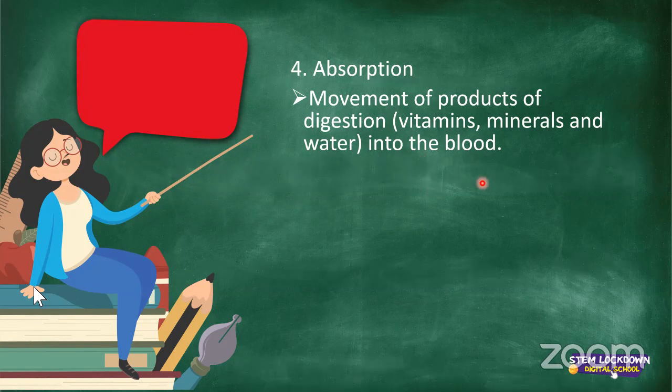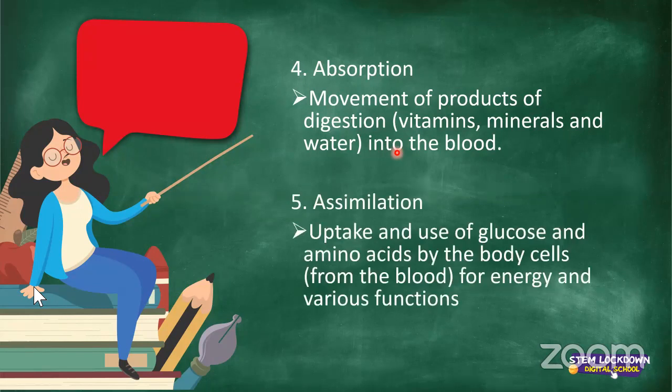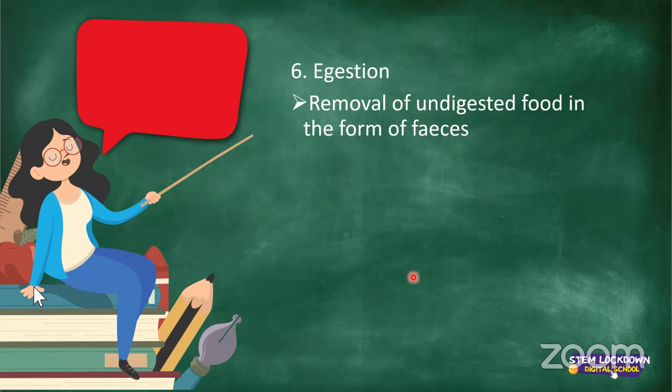You guys just need to keep this definition in mind, because remember Tuesday when we dealt with the whole alimentary canal, we said that absorption takes place at the small intestine. And the fifth thing is assimilation. This is the uptake and the use of glucose and amino acids by the body cells for energy and various functions. And the last thing here is egestion, which is the removal of undigested food in the form of feces.